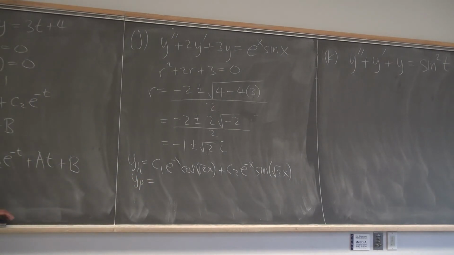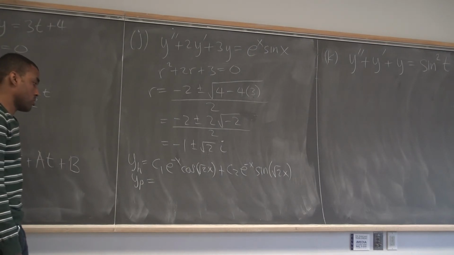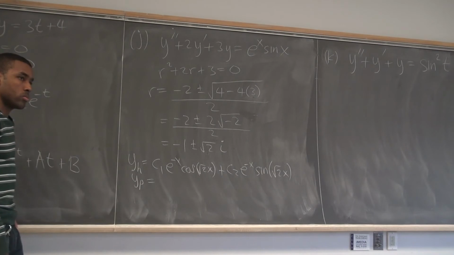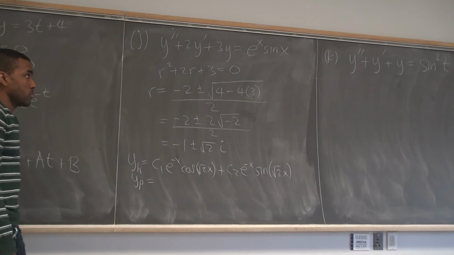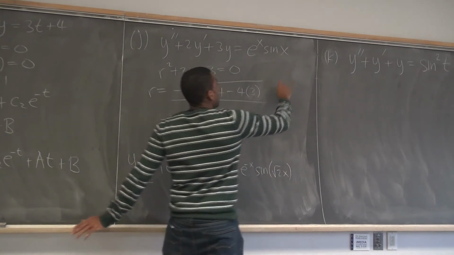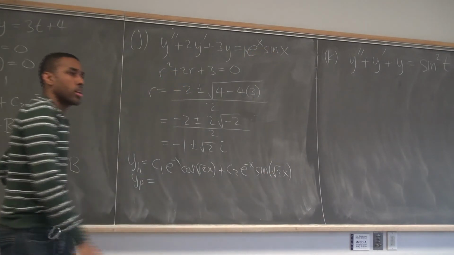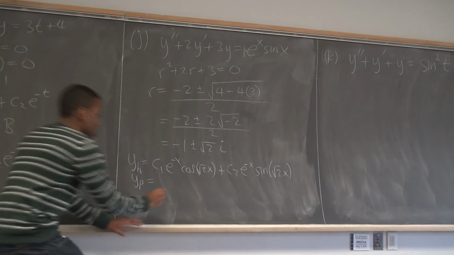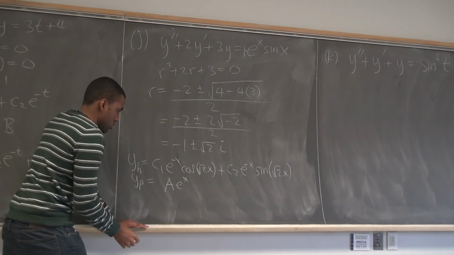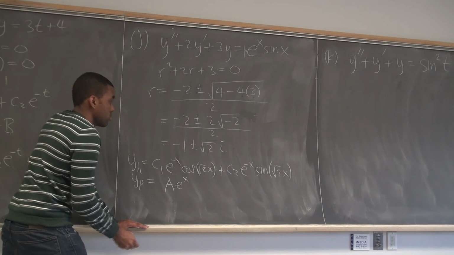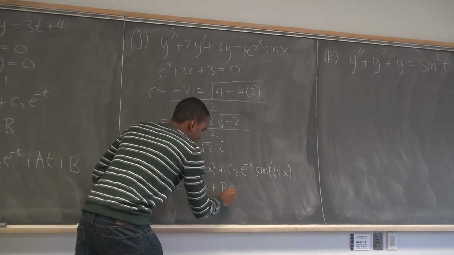What does yp look like? It has to look similar to this, which is a constant polynomial times e to the x times sine. A e to the x cosine plus b e to the x sine.